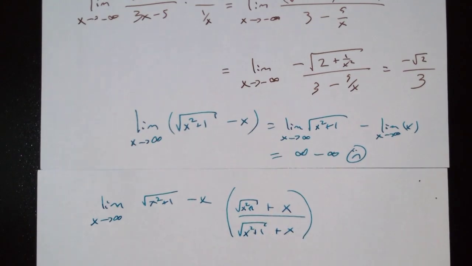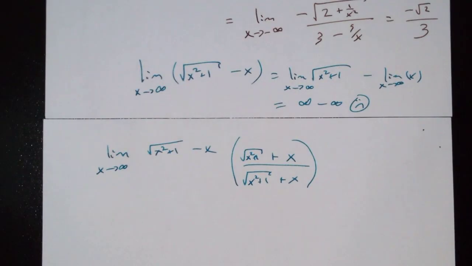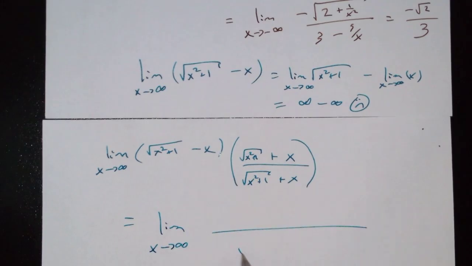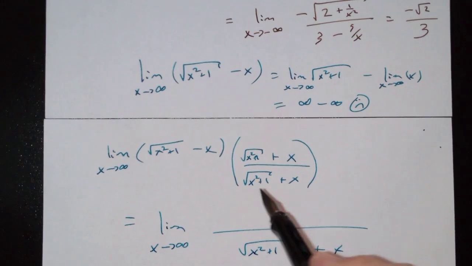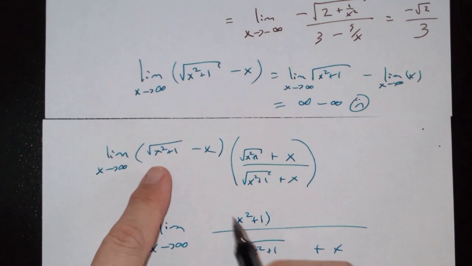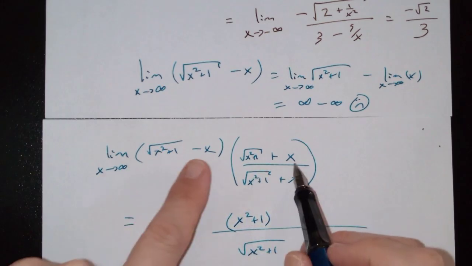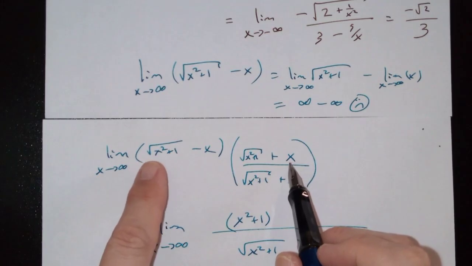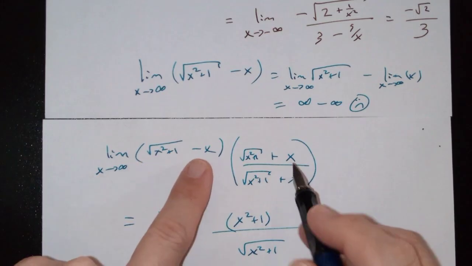That way, that works. That's a 1. What happens on the top? Well, I multiply. First, that's going to give me x squared plus 1. The square root's going to go away. Then I'll get a minus x with a square root and a plus x with a square root, and they're going to cancel. And then I get a minus x squared.